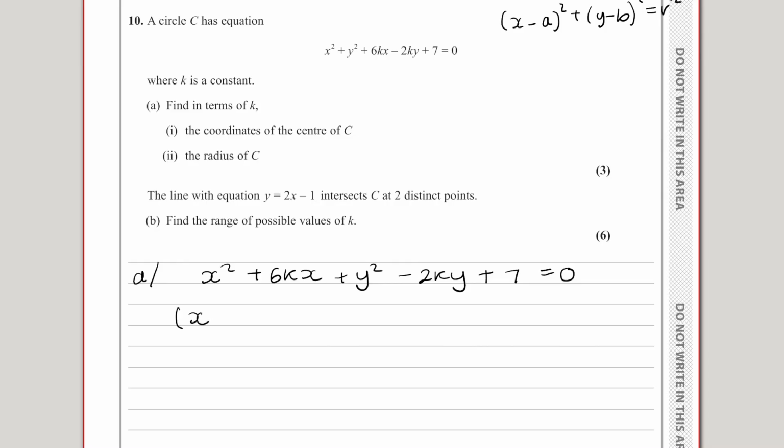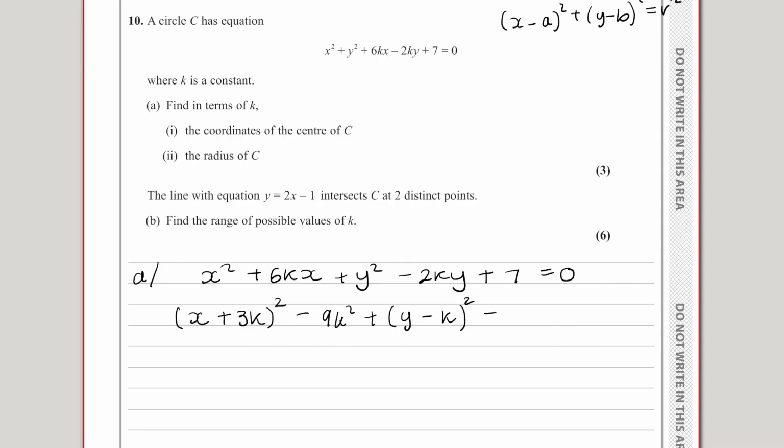So I have x halving 6k, so we get 3k. So x plus 3k squared, take away our 3k squared, which is 9k squared. Then the same for the y's. Y minus half of minus 2k is minus k.